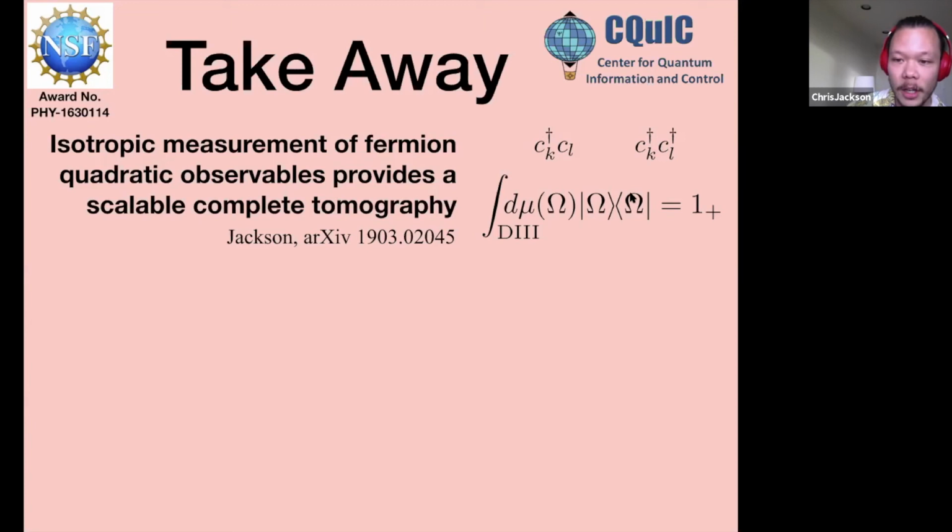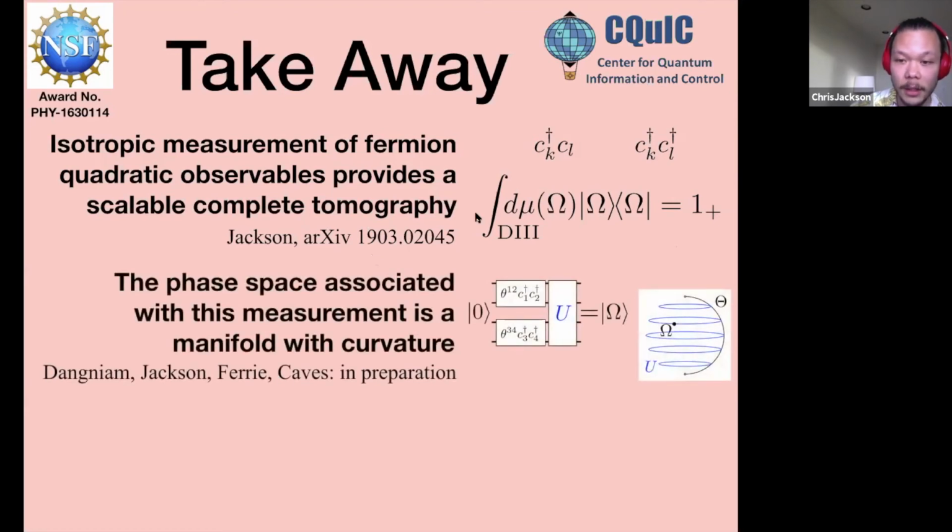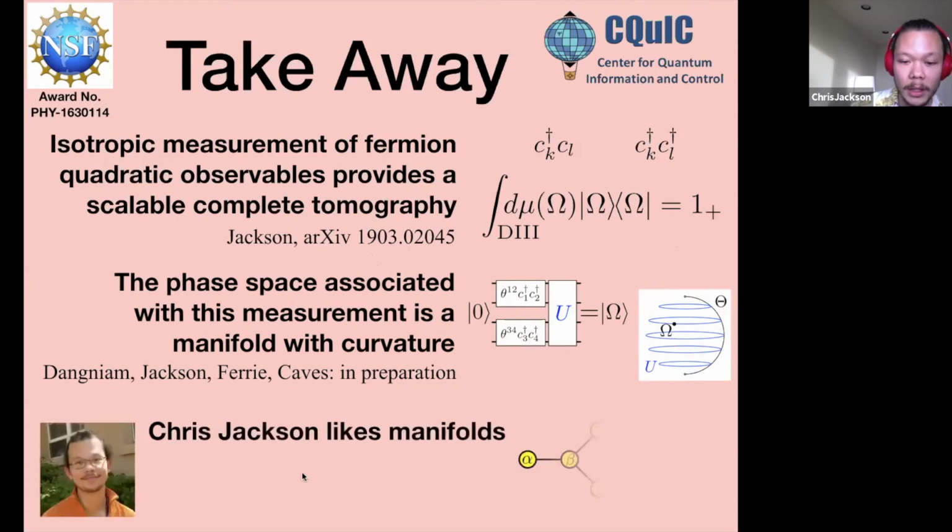You can't find anything about fermions particularly in this paper, but you can find out about the generalization abstractly in this paper. And the outcomes of this measurement are particular manifolds that can be understood. And well, I just really like manifolds.